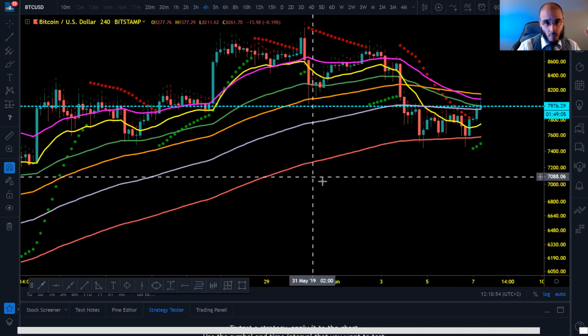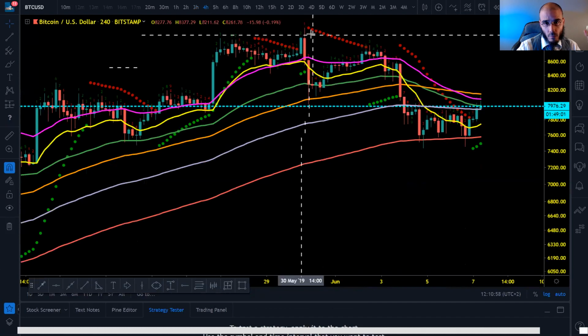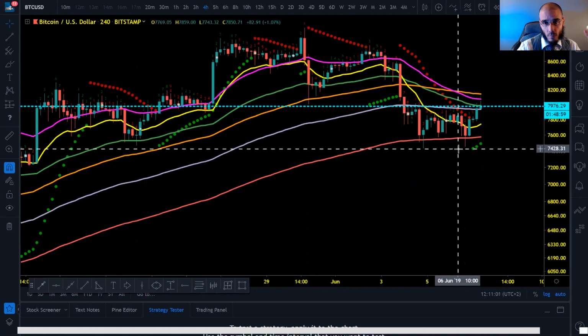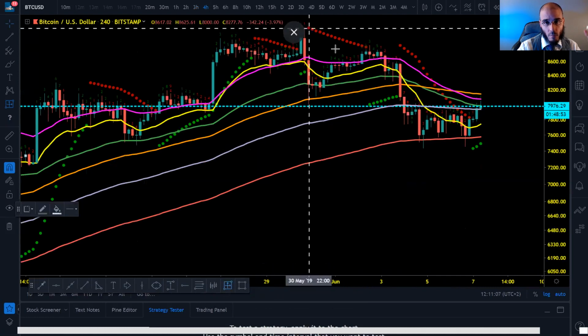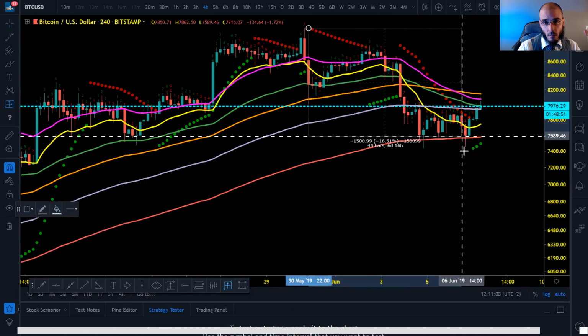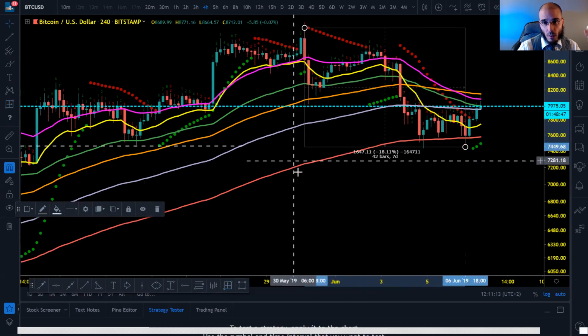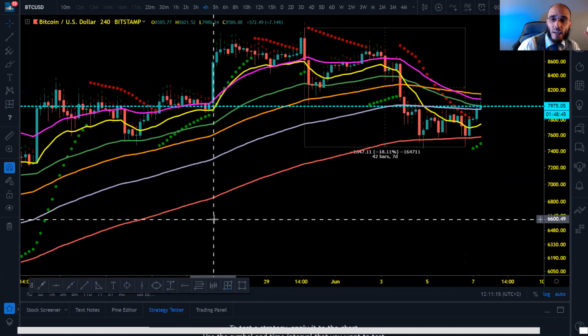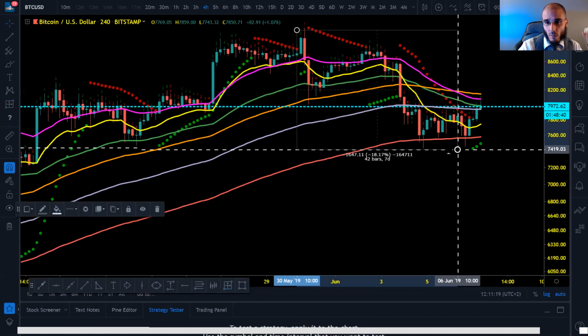Let's look at how much of a correction we did get. The correction of 18%, or even a little more, since that candle was lower.